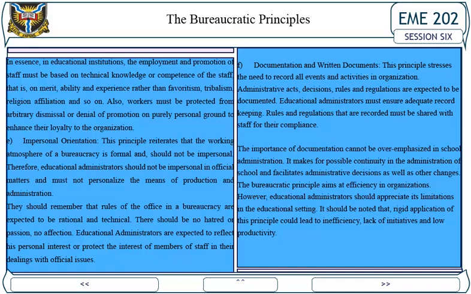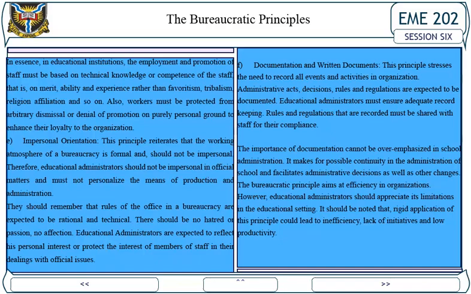Teachers have their professional ethics, rules on the time to report and close at school, and so on. Likewise, students have rules on uniform, punctuality, health habits, and so on.